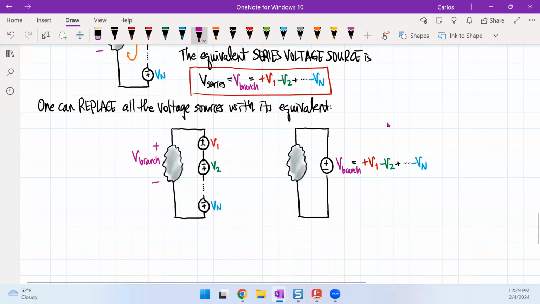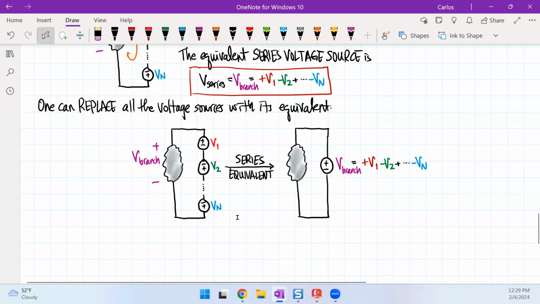So in other words, this is the equivalent. The series equivalent is that one voltage source right there. Again, that is really, really powerful.